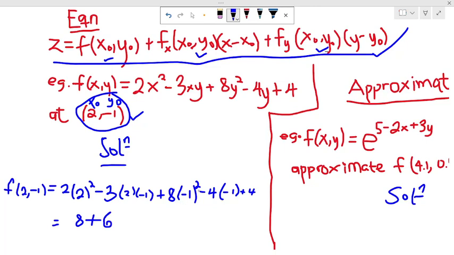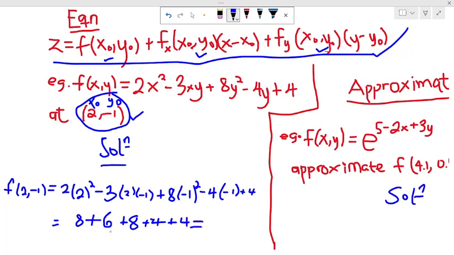Now -1 squared gives us +1, times 8, so plus 8. Now -4 times -1 gives us +4, plus our constant.